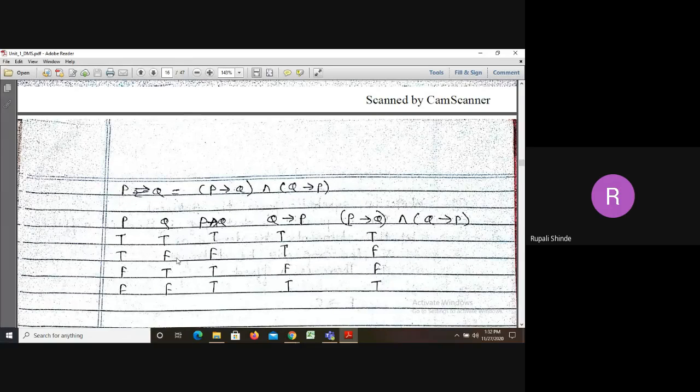If TF, then only F, and for the rest of the combinations it is T. That's why its values are T, F, T, T.